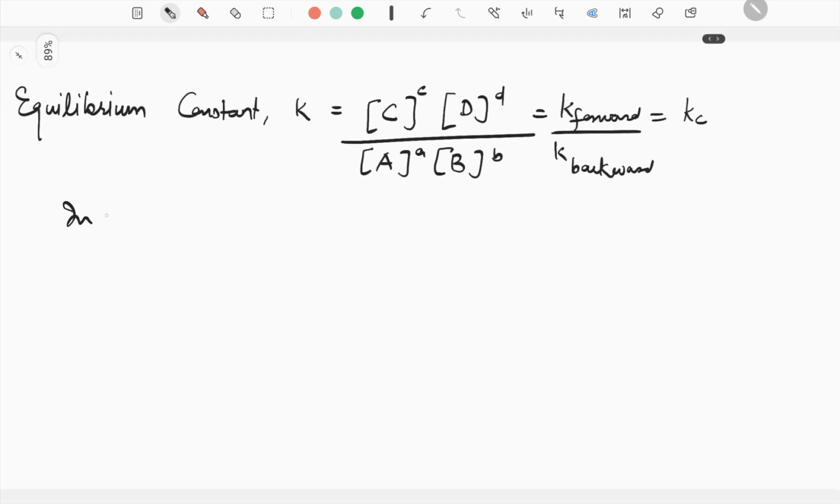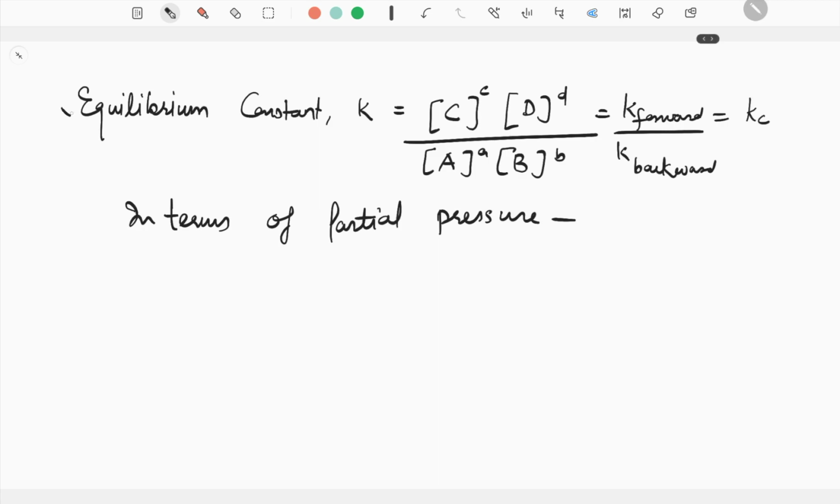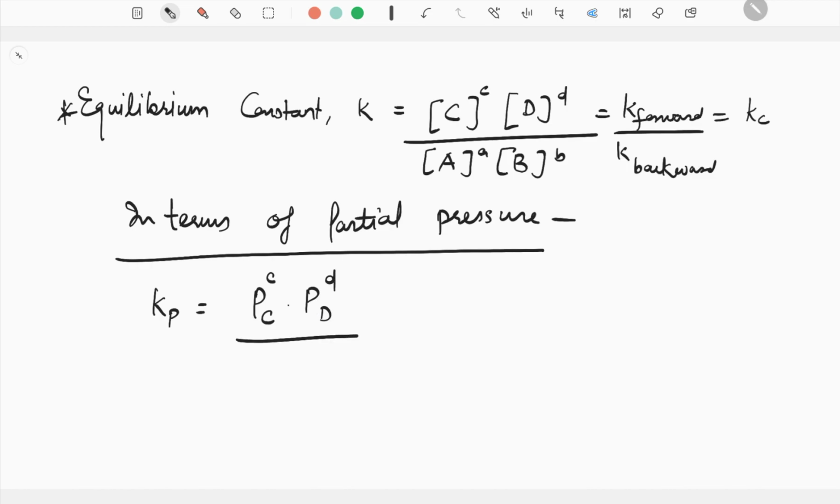Now in terms of partial pressure, the relation will be like this: Kp is equal to Pc^c dot Pd^d upon Pa^a dot Pb^b.